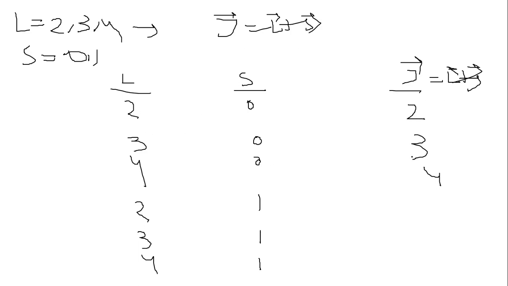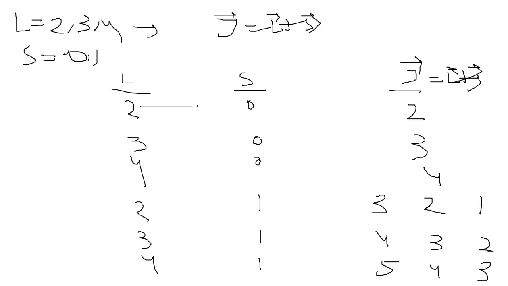So here 2, 3, 4 are the values of J, but in case of S equal to 1, when we vectorially add these, then 2 plus 1 will be 3 and 2 minus 1 will be 1. So between 3 and 1 there will be another number which is 2. Similarly in this case, 3 plus 1 is 4 and 3 minus 1 is 2, so in between there is another value 3. Then 4 plus 1 is 5 and 4 minus 1 is 3, so in between there will be another number 4.